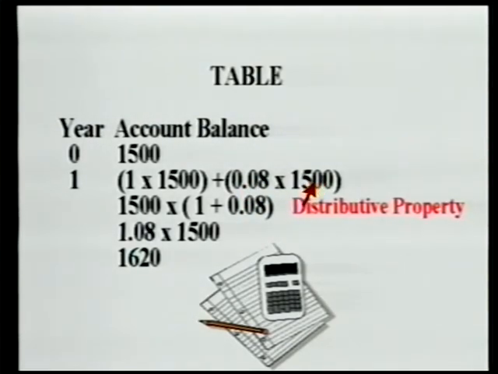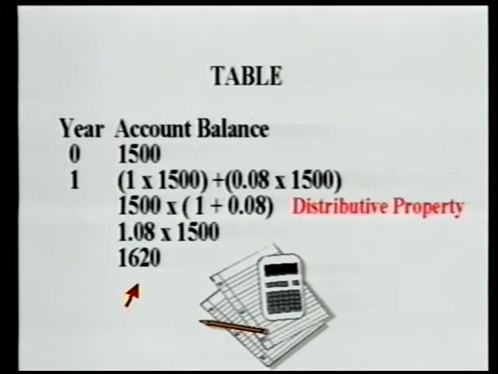To get our total amount, we then multiply 1,500 times 1 plus 0.08, since this is our first year. Here, the distributive property is implied. To finish this, we take 1.08 and multiply that simply times 1,500, since we are accumulating money, giving us a total amount of $1,620.